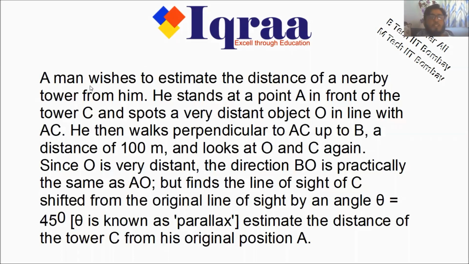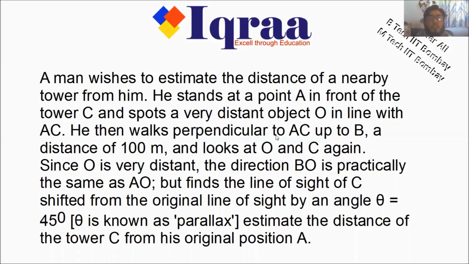So the first question, I have taken from the NCERT book, so you can see this question in your NCERT book also. A man wishes to estimate the distance of a nearby tower from him. He stands at a point A in front of the tower C and spots a very distant object O in line with AC.